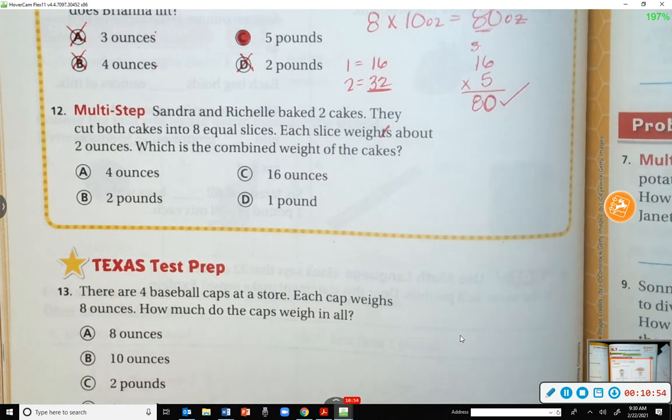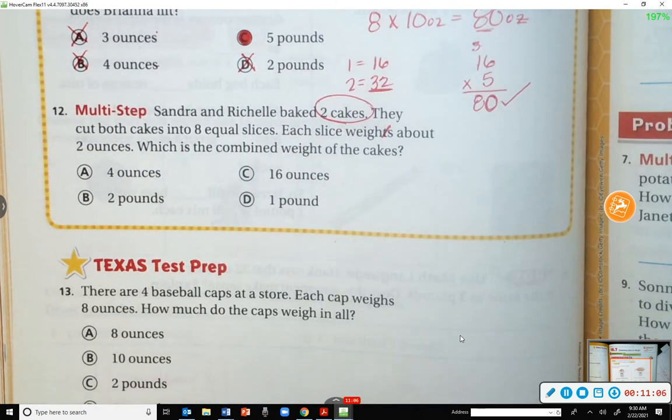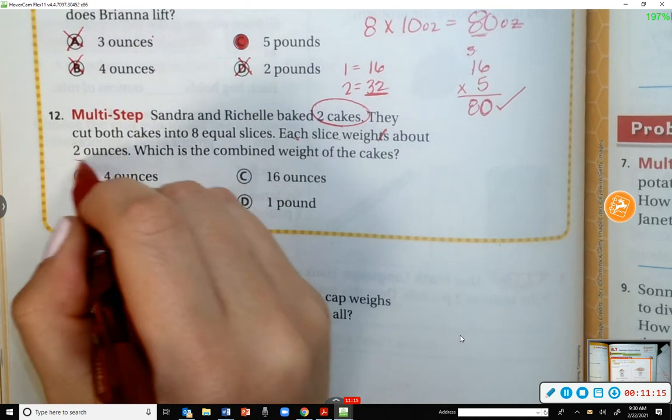Okay. We have how many cakes? 2 cakes. Okay. They cut both cakes into 8 equal slices. Is that important? Yes, because it tells us each slice weighs 2 ounces.